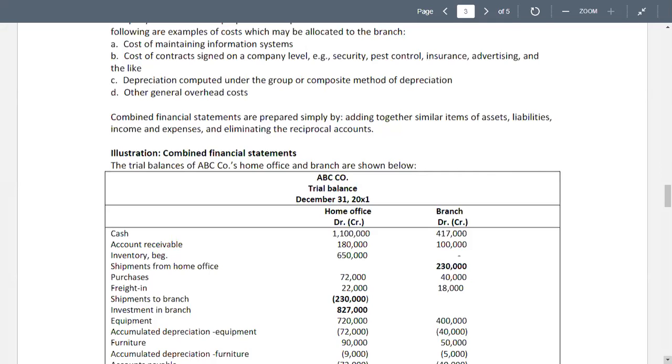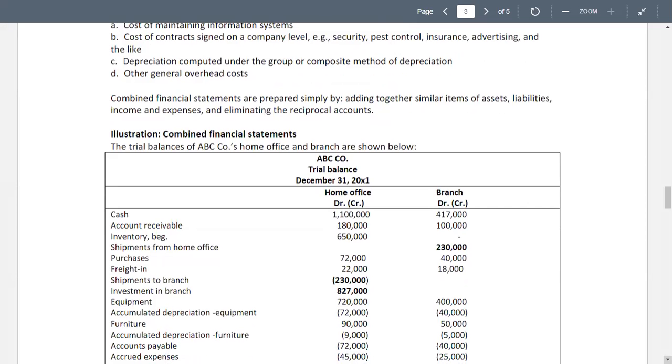So in the books of the home office, you have the asset accounts. Then we have, take note, a new account title, shipments from home office. This is debited by the branch, normally a debit.